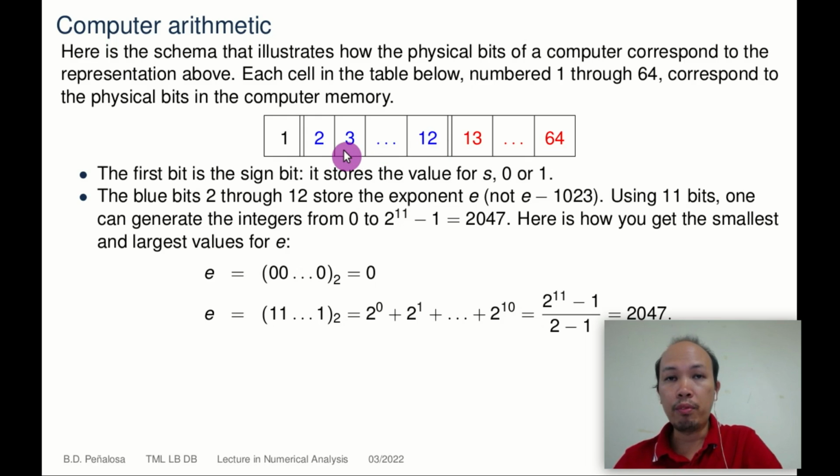So why do we subtract 1? Notice that this box is our a sub 1.